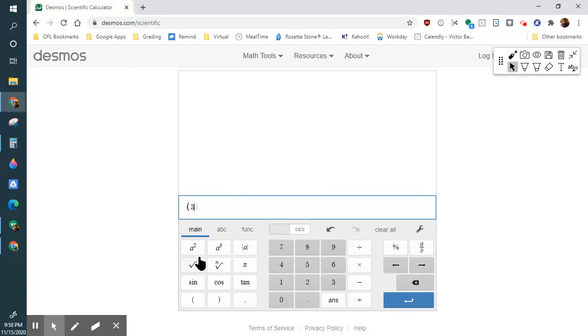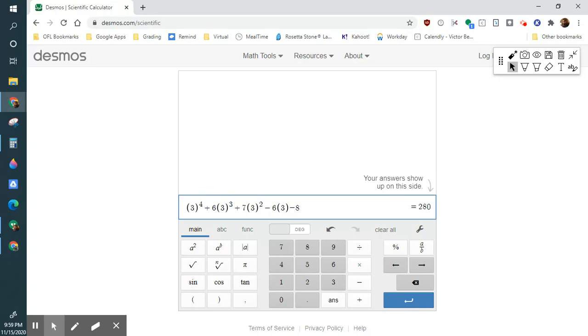So I'm going to do 3 to the 4th power plus 6, 3 to the cube power plus 7, 3 squared minus 6 parentheses 3 minus 8.